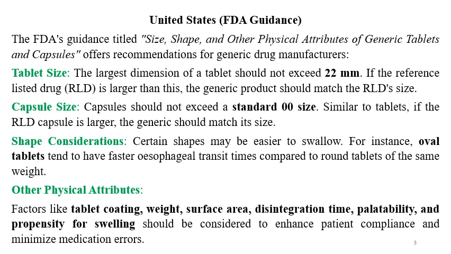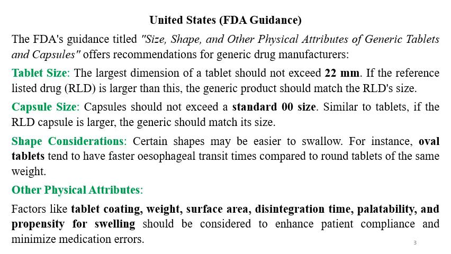If the RLD has a dimension up to 17 mm or below, then the generic formulation may exceed by 20% in the largest dimension and 40% in the volume. But if the RLD is above 17 mm, then the generic product should meet the same dimension as the RLD.